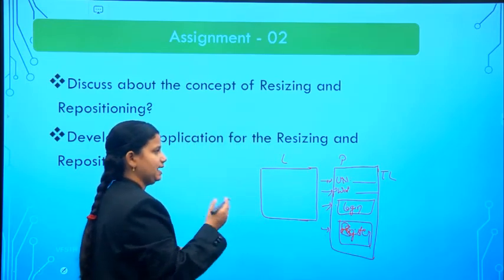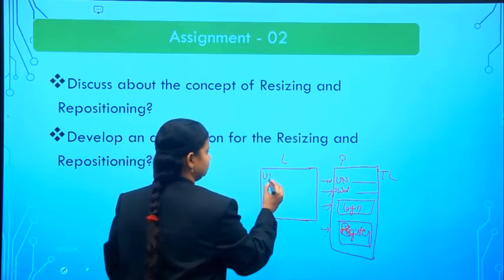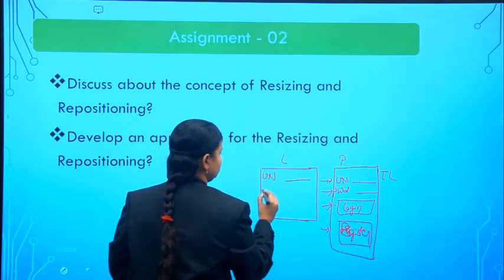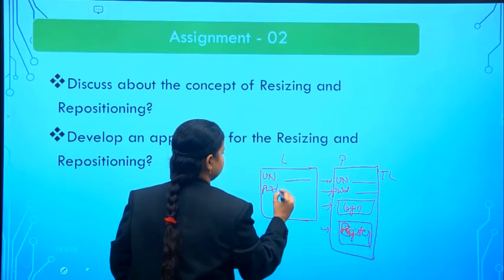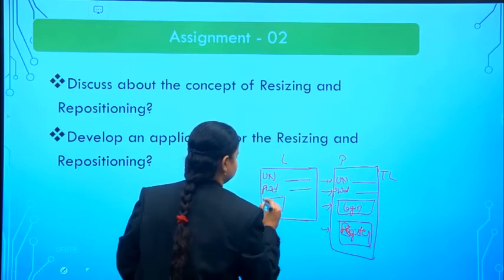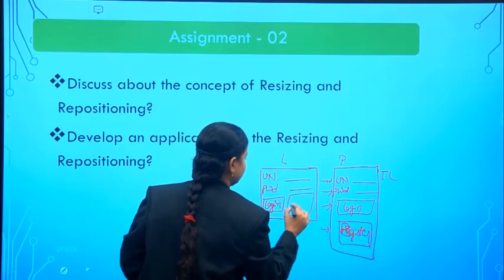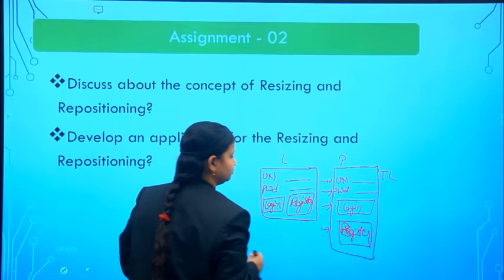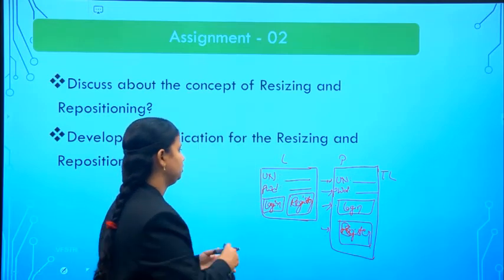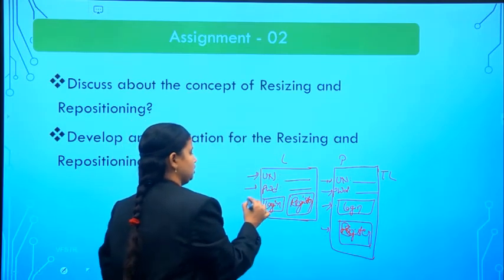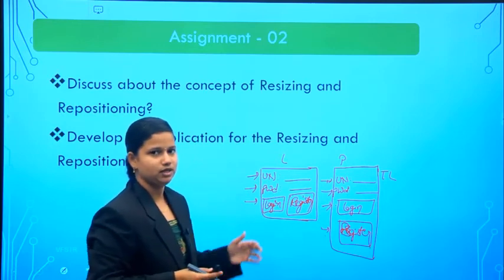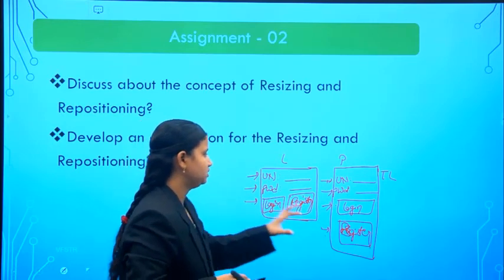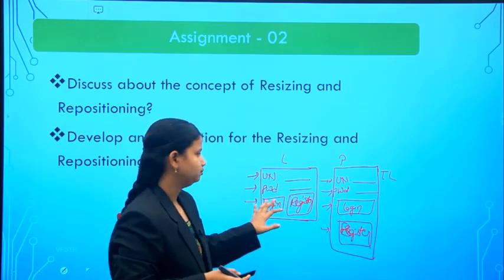While developing the landscape mode, you have username and password, and then login and register. Observing this, it will contain only 3 rows, that means the contents are adjusted.